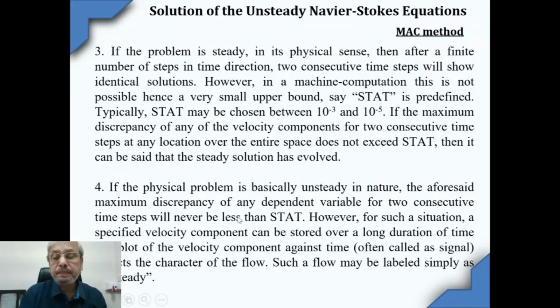However, for such a situation, a specified velocity component can be stored over a long duration of time, and a plot of such velocity component against time will give us a lot of important information.